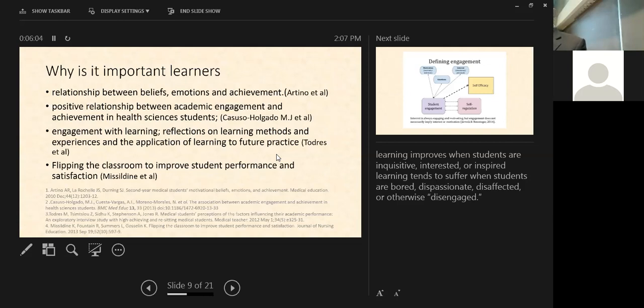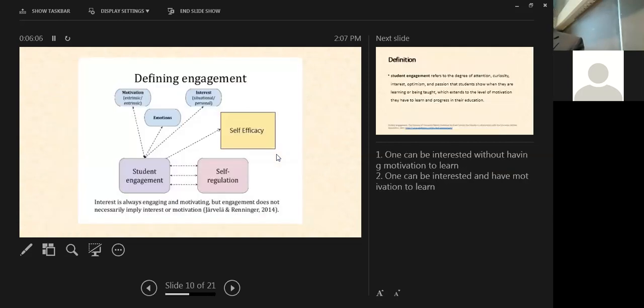To get our working definition, this is a model proposed by Javier Harvela and Ringer, and I'm probably mispronouncing his Spanish name, poor guy.